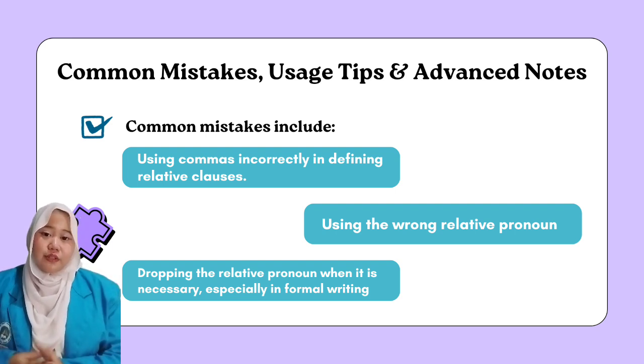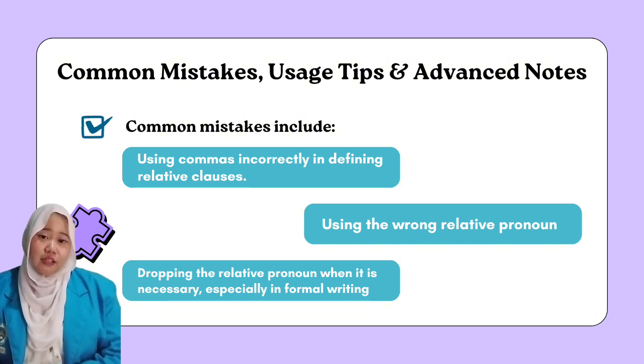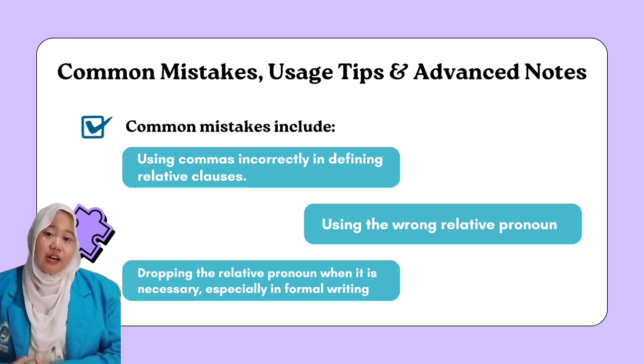The second one is using the wrong relative pronoun. For example, using "which" for people or "who" for things can make your sentence confusing or grammatically incorrect. And the last one is dropping the relative pronoun when it is necessary, especially in formal writing.